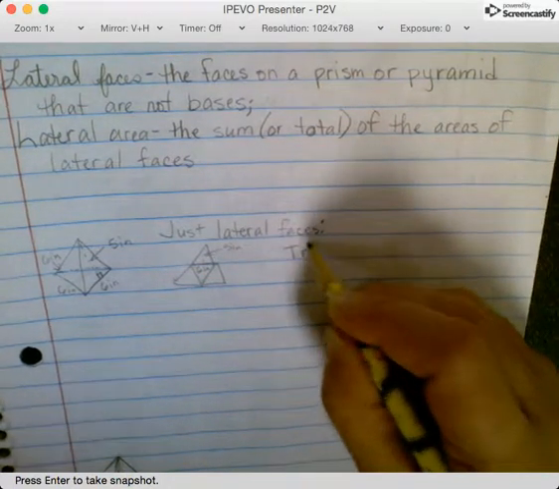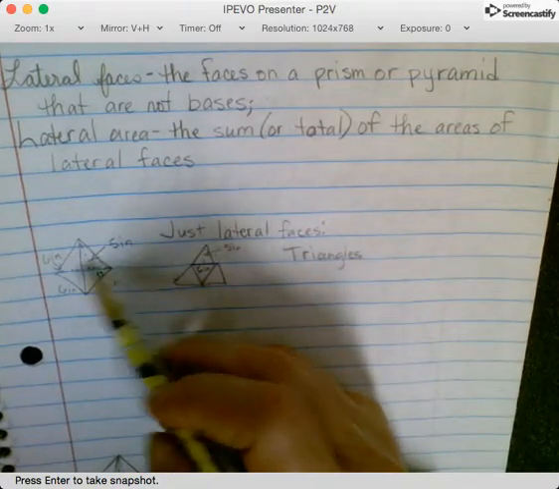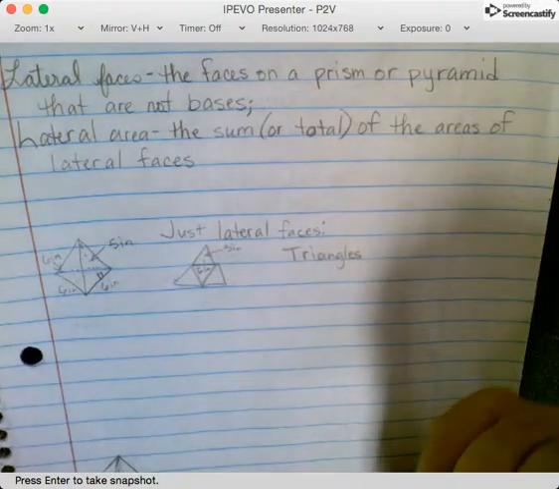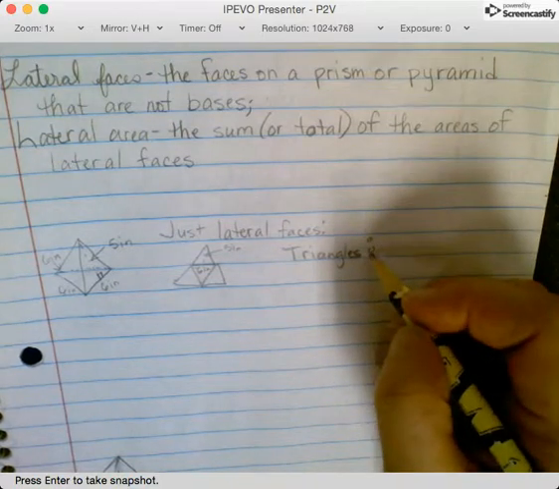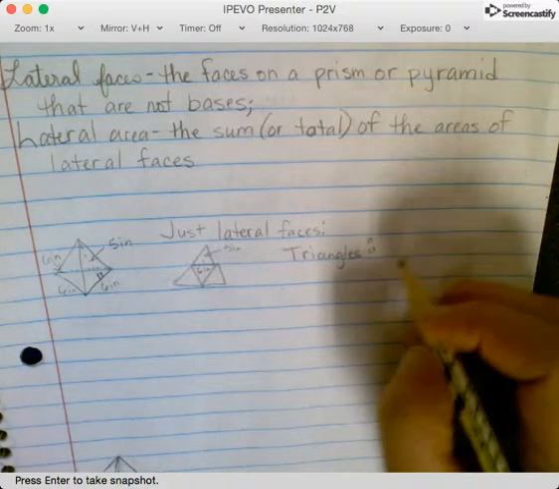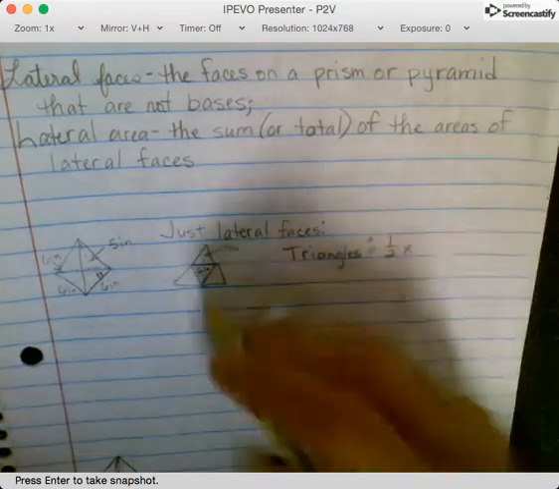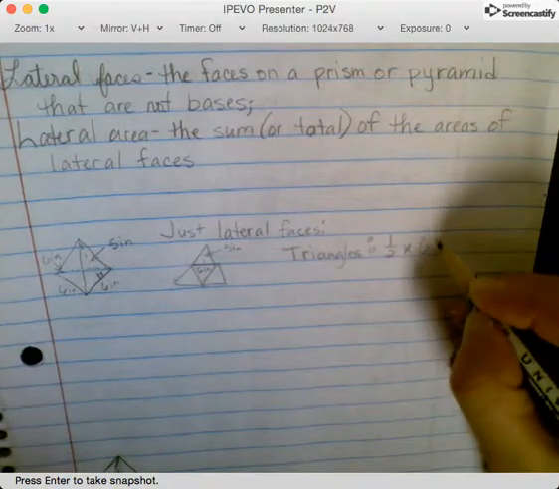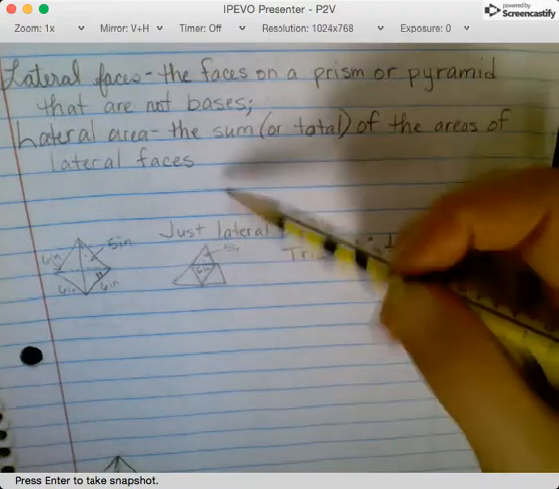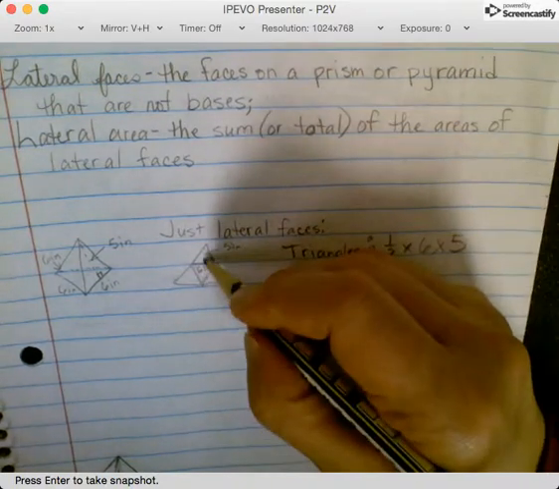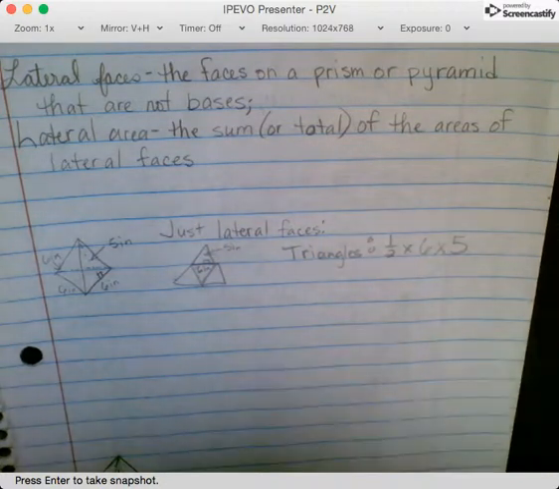So on this one, I notice that all of the triangles are the same size. So I'm going to find the area of one triangle and then repeat that. Okay, so the area of a triangle is 1/2 base times height. My base is 6, my height is 5. Notice that the 5 is not one of the sides, it is actually the height of a triangle, so how tall it is from the base to the top to the point.